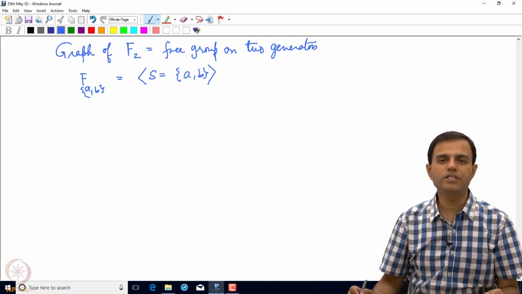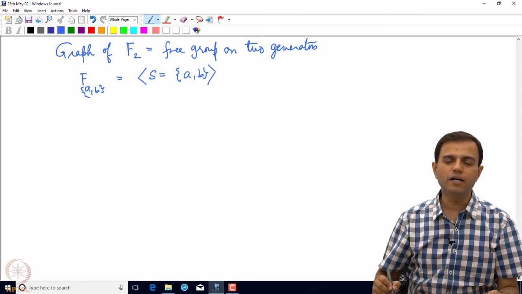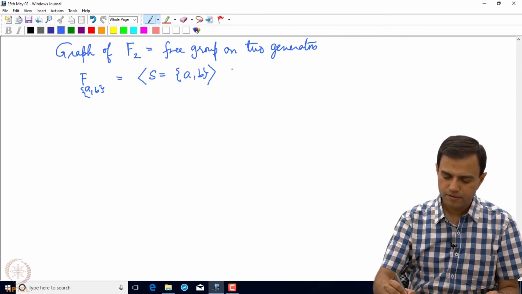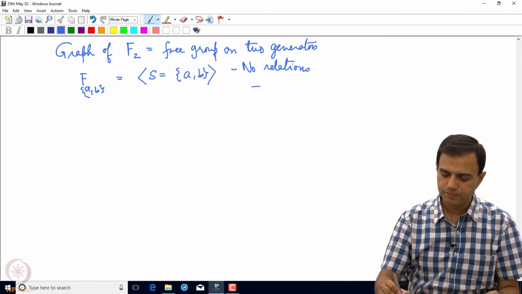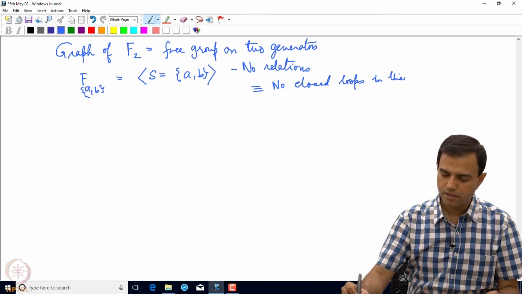And since there are no relations, there are no circuits, there are no closed loops in the graph. So no relations means no closed loops in the graph.